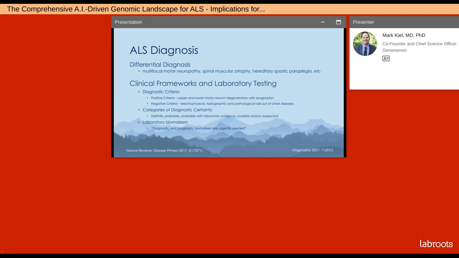In addition to being a challenging diagnosis, there are categories of diagnostic certainty ranging from definite all the way through to probable, possible, and/or suspected.